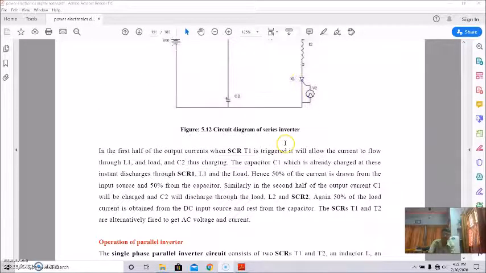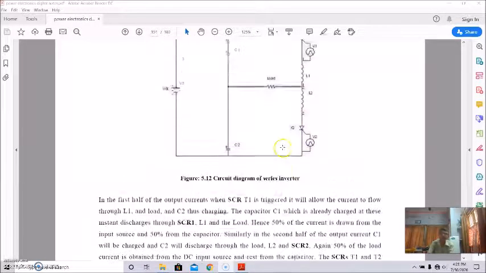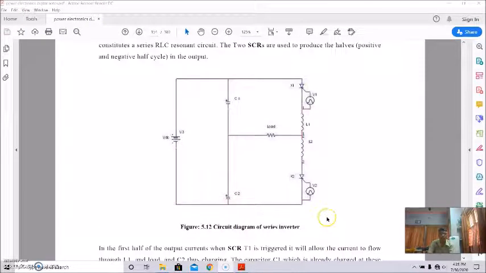Okay, and in the first half of the output current, when ACR 1 is triggered, that is thyristor 1 is triggered, it will allow the current to flow through L1 and the load like this.